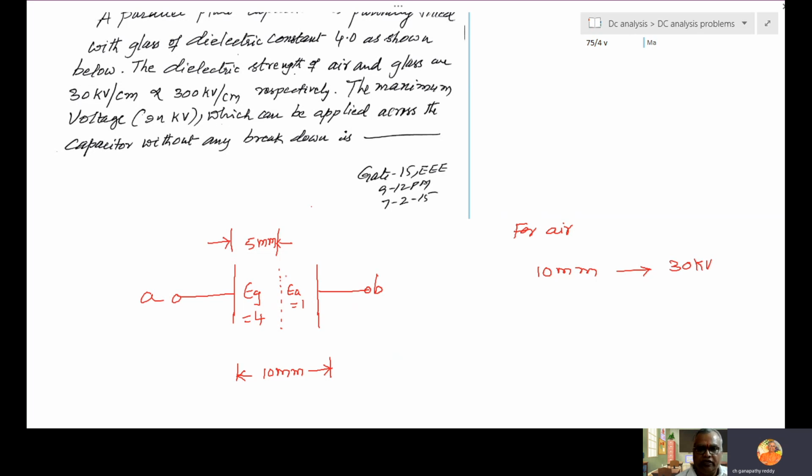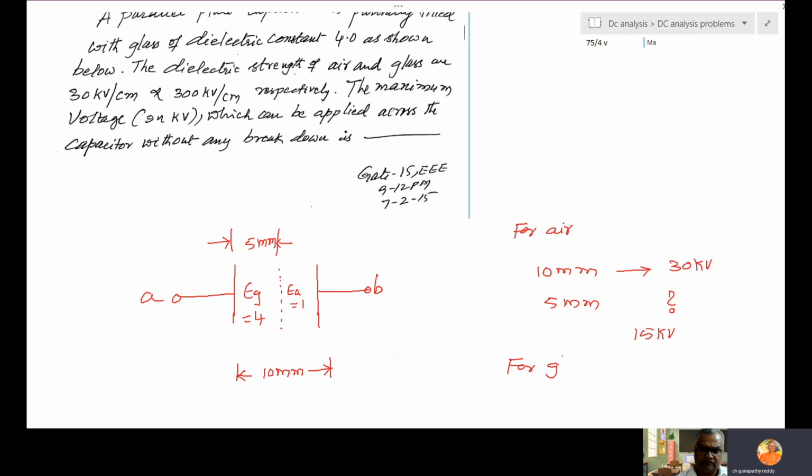But the air gap here is 5 mm. So if total is 10 and glass is 5, air is also 5. So how much is that? It is 15 kV.